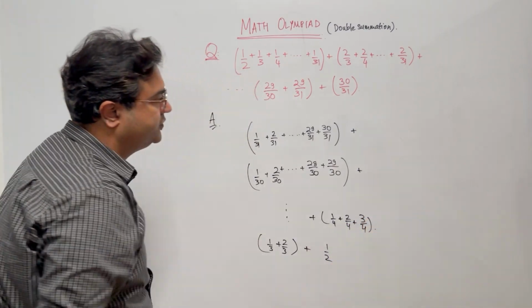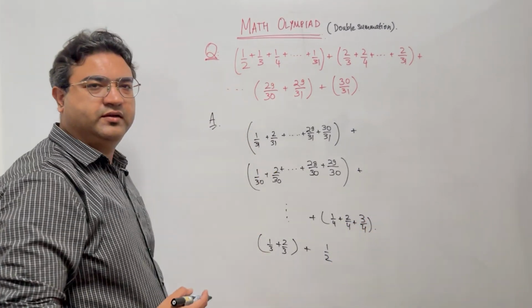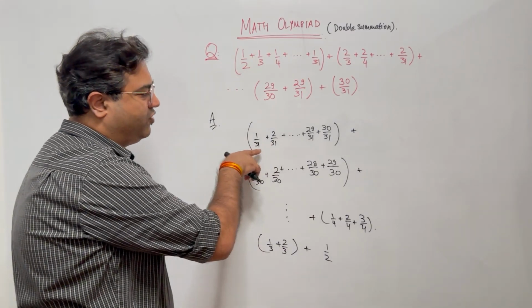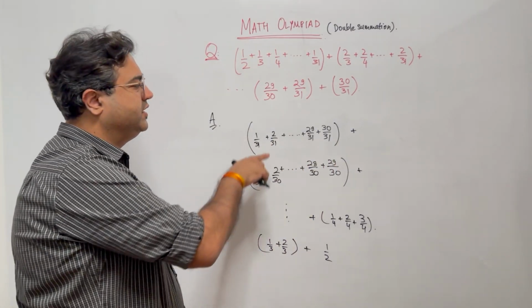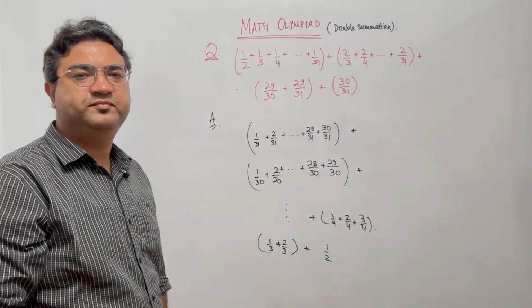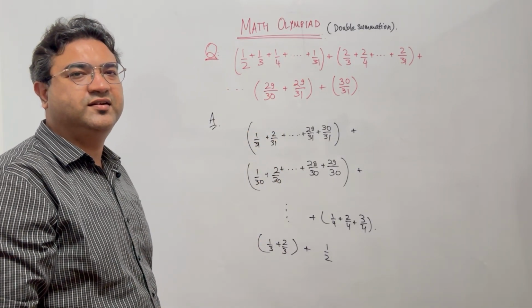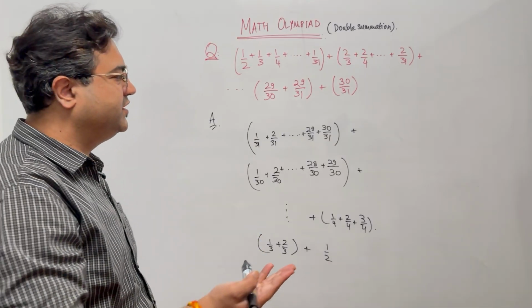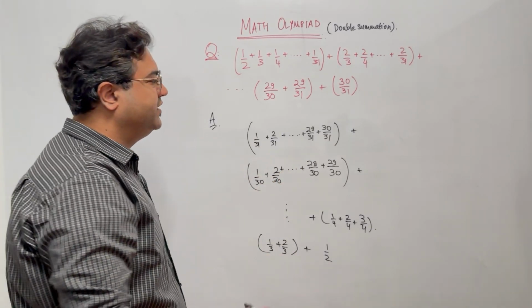So what does this now look like? This looks like we now have a common denominator, and the top addition will become a summation of an arithmetic series. So this makes it very easy.